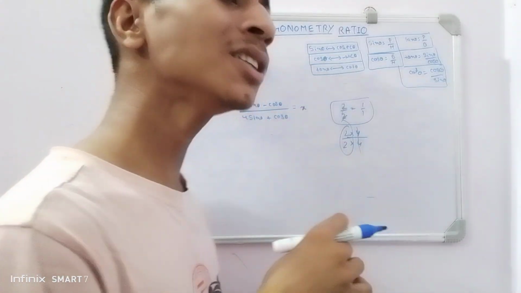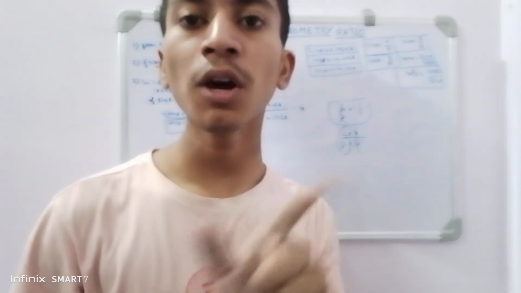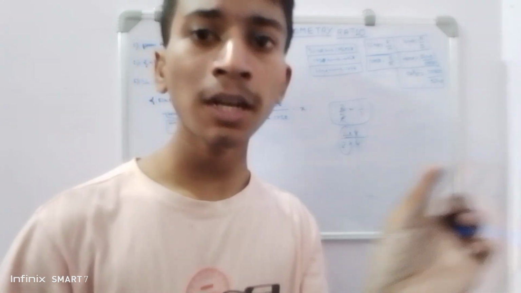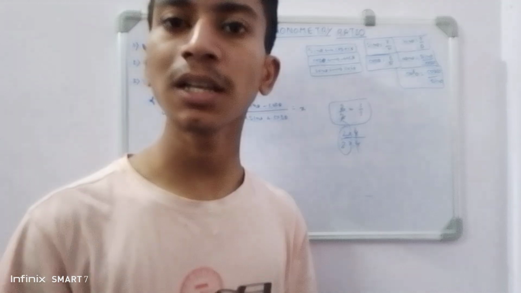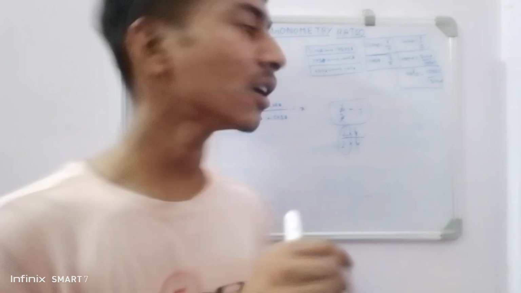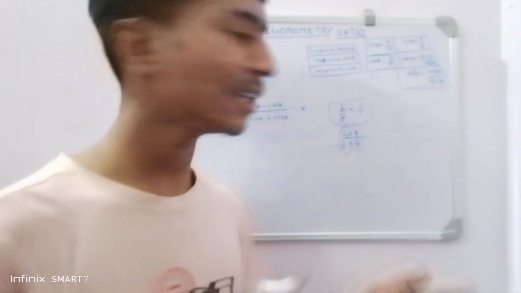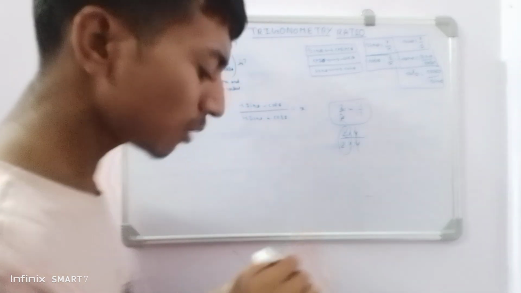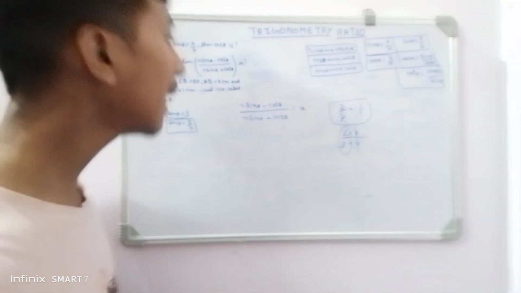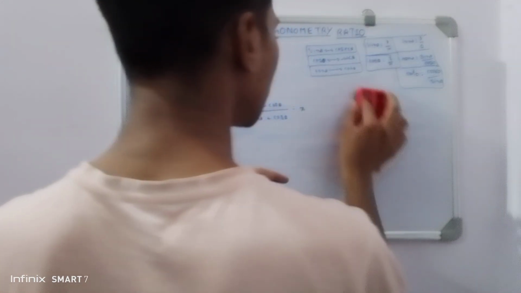Through this I would like to tell you that when you multiply the numerator and the denominator by the same thing, there is no change in the equation, because it cancels out like this. So like this we have to multiply something in the numerator and the denominator.